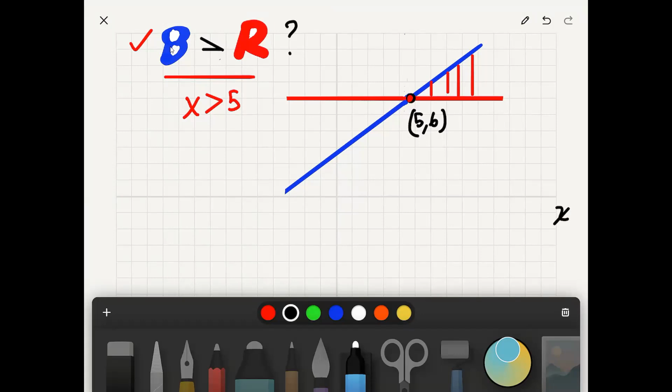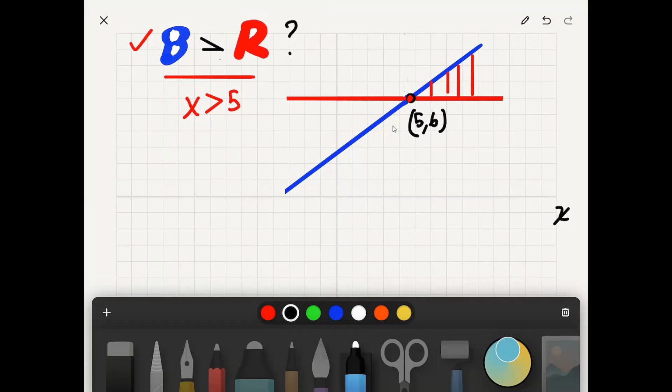Just look at the left-hand side, and that's going to create a blue line on the calculator. And the right-hand side is going to create a red line on the calculator. And you just need to say, where is the blue line above the red line, because that's greater than? Well, you would have to go to the right of the intersection because that's where it is. The blue line is always up here and the red line is always down here.